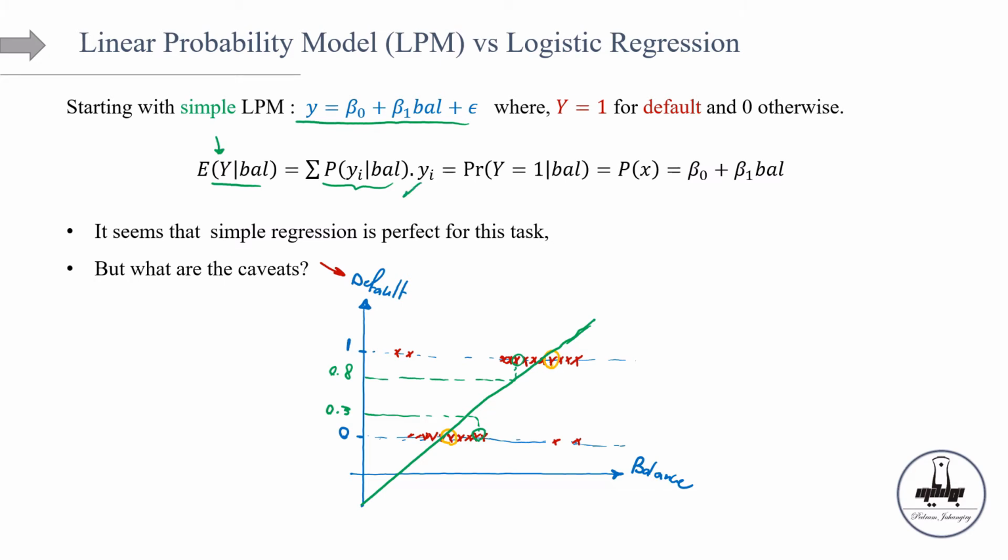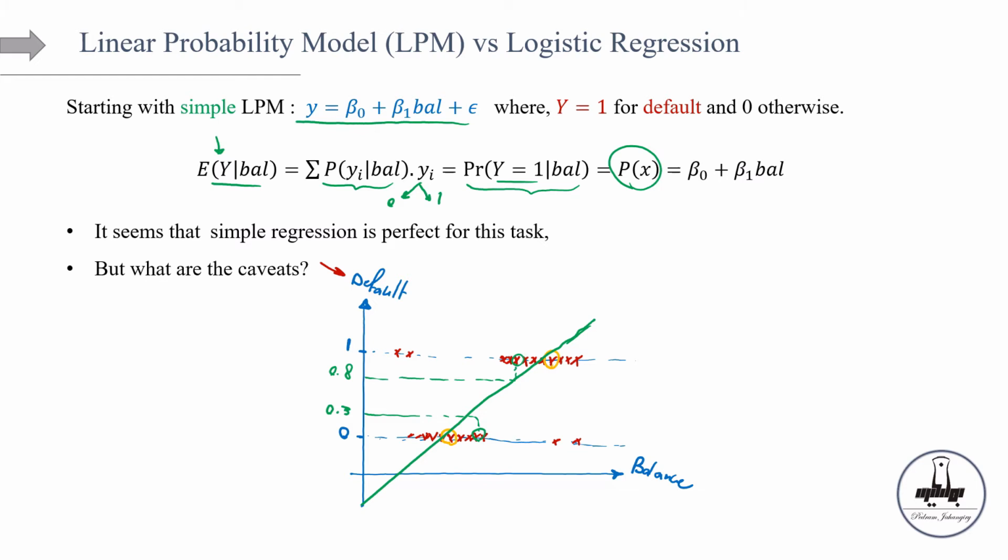And y can take only 0 and 1. When y is equal to 0, this whole thing is going to cancel, right? It's going to be equal to 0. But when y is equal to 1, what do we have? The probability of y equal to 1, default, multiplied by 1, and at the end of the day, we get this one. And we show it with p of x, and that's basically the probability of success, in this case default, when y is equal to 1, right? So this is our left-hand side, the probability of default.